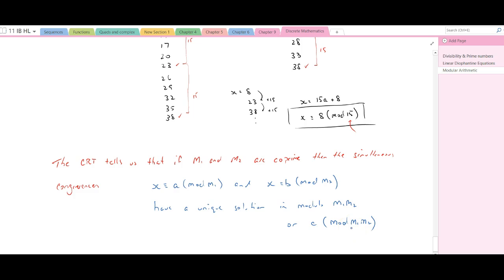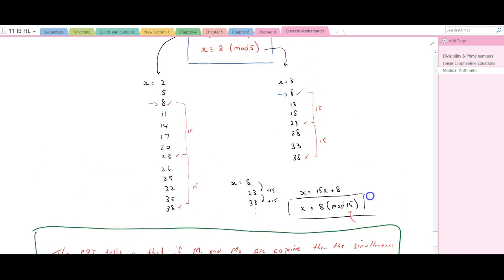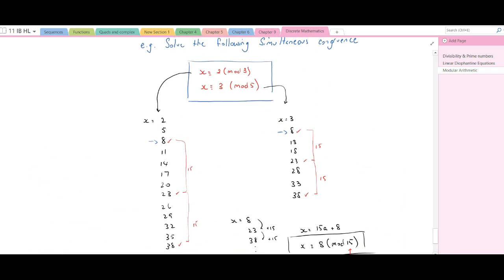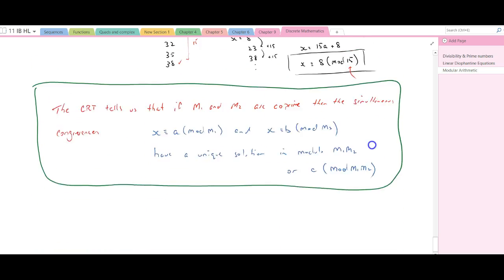So that's the Chinese remainder theorem. Right, let's block that off. That's what it says, and it just tells us that when we're solving simultaneously, our modulus will be the product of M1 M2, as long as they're co-prime, and we found that out there.